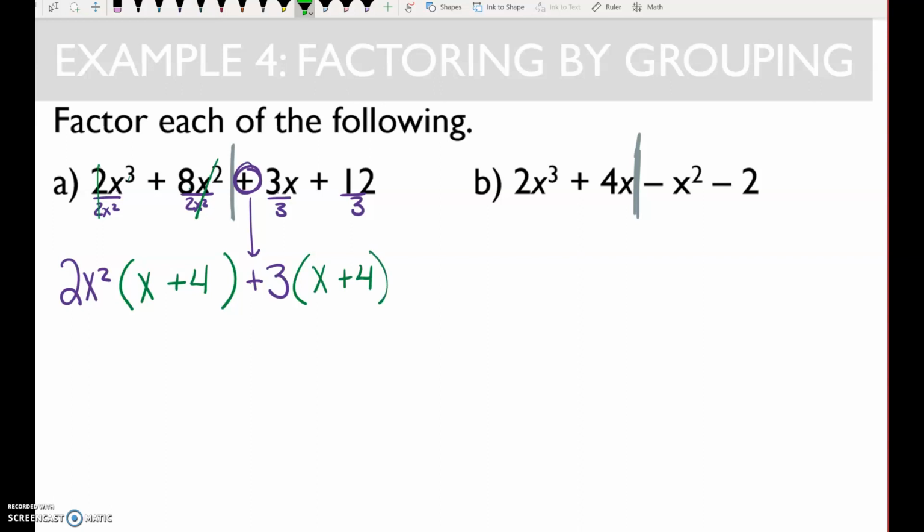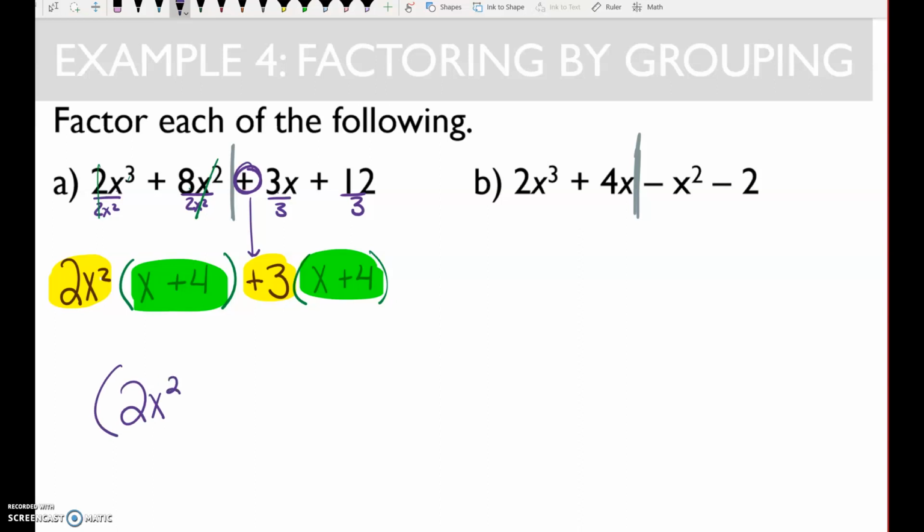Oh, hey, look what happened. X plus 4 and x plus 4 are identical. The 2x squared and the plus 3, that's going to be our first set of parentheses, if I could write that correctly. And the x plus 4 will be our second set of parentheses.